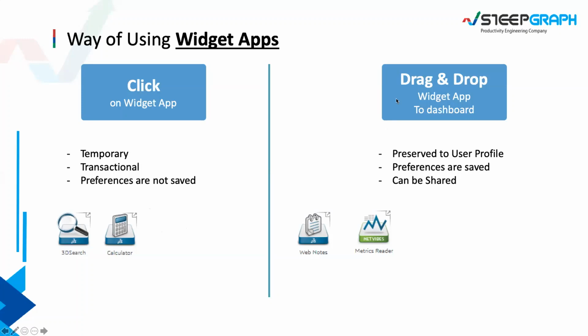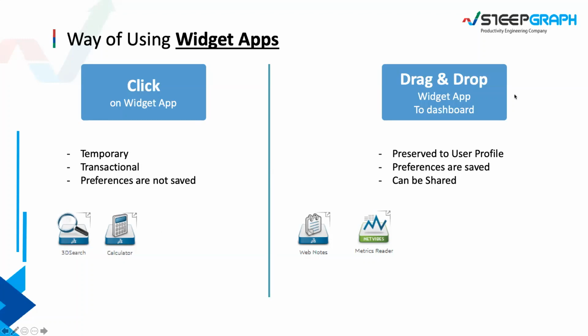On the other side, there are widgets which are to be dragged and dropped, widget app to dashboard. In this case, you are picking a widget and dragging and dropping onto the newly created dashboard or the existing dashboard. So now you are storing this view for a given dashboard, where you are placing the widget, as well as what kind of settings and configurations you are putting on the widget. Those all things will be saved against the user profile in the database.